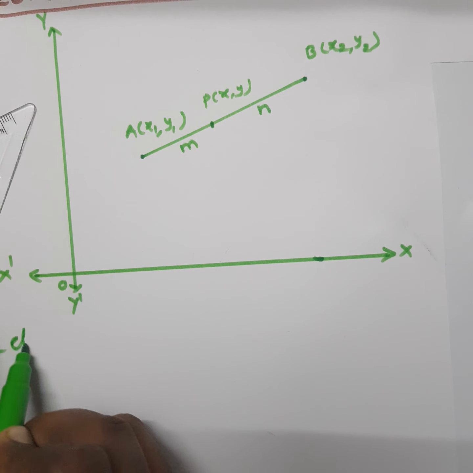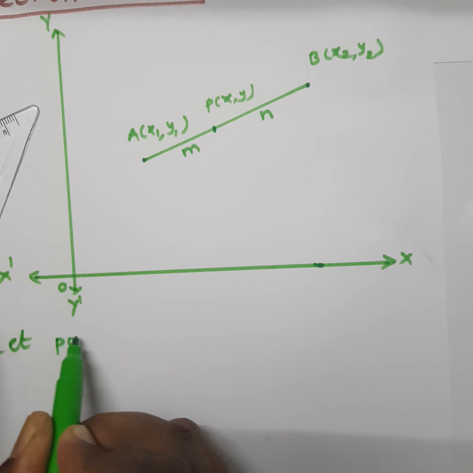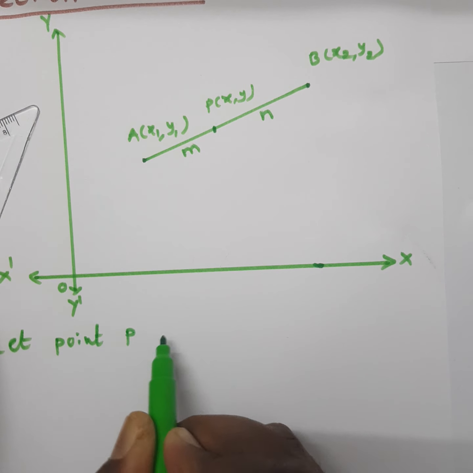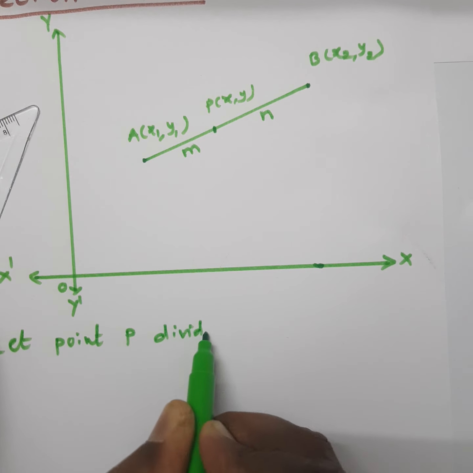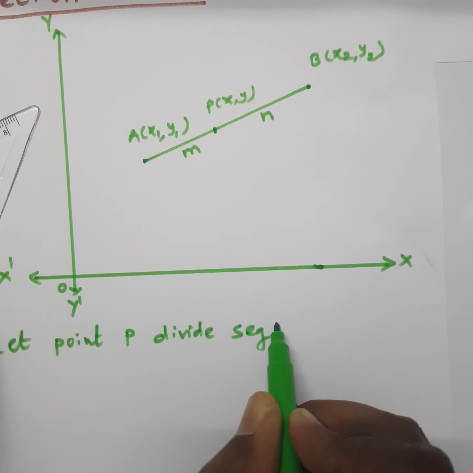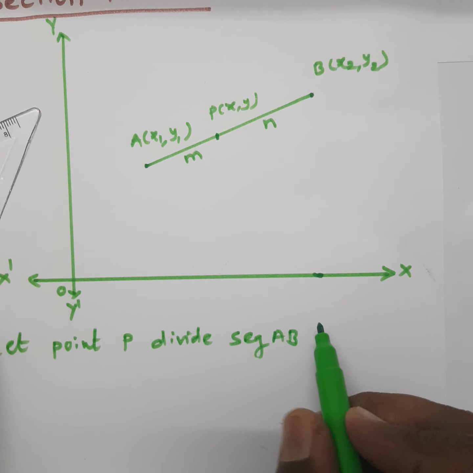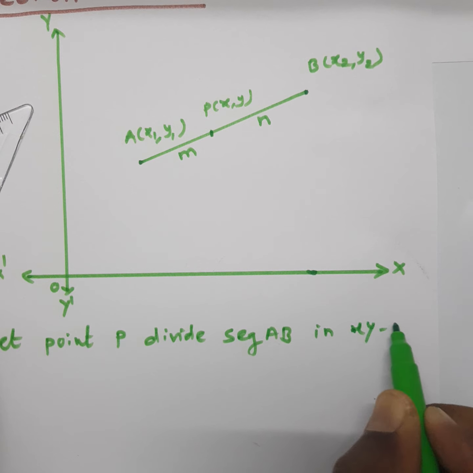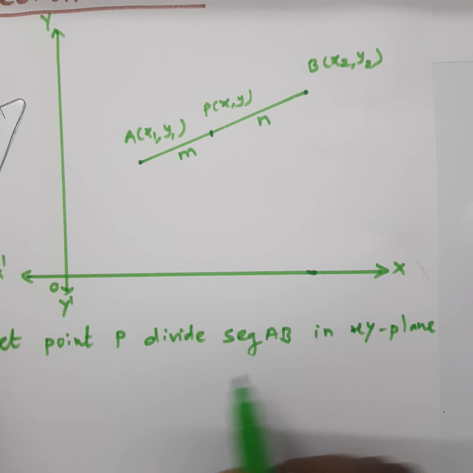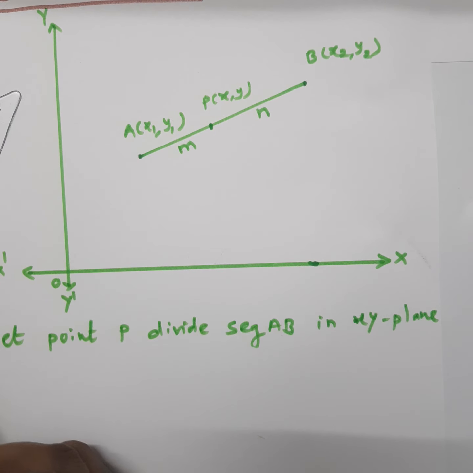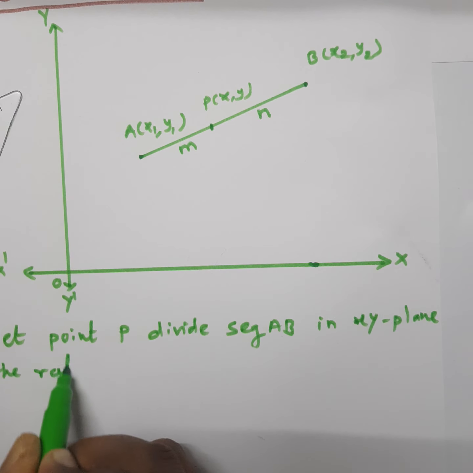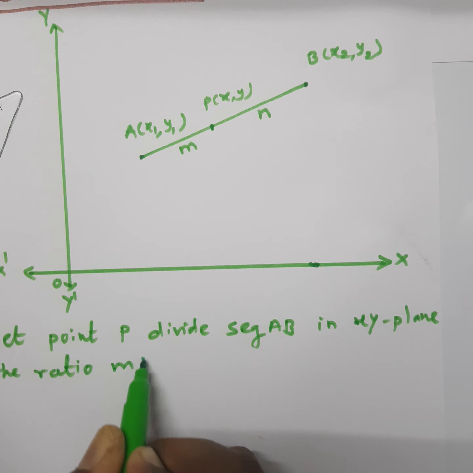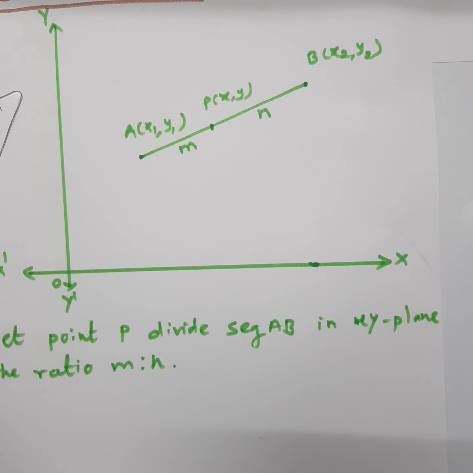Here, let point P divide segment AB in the xy plane in the ratio m is to n.